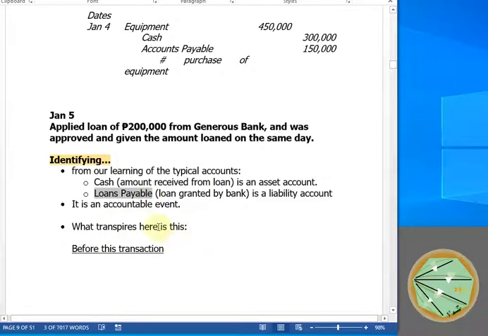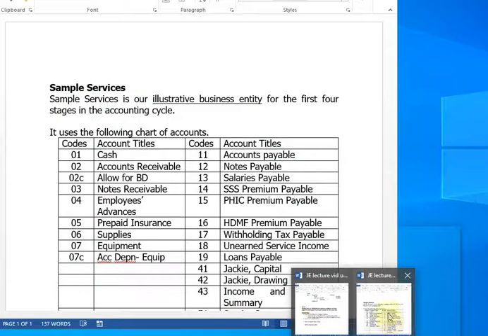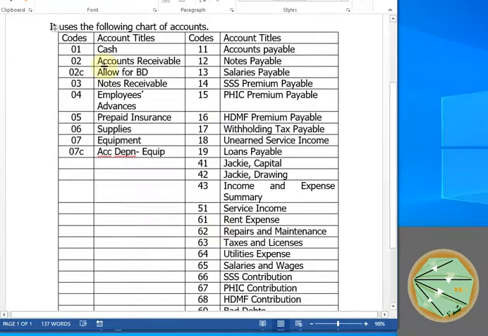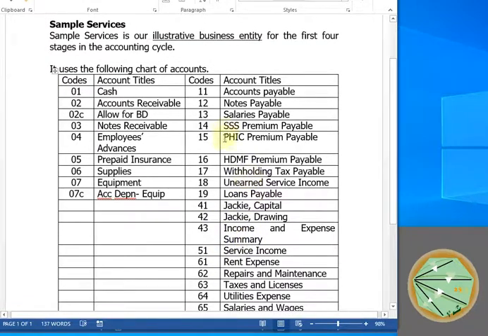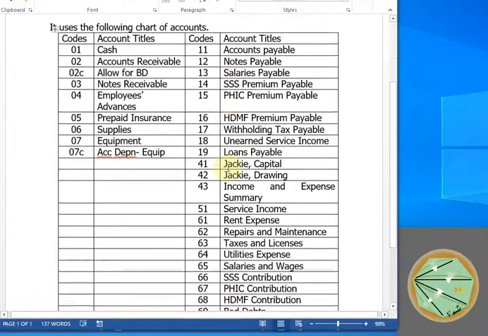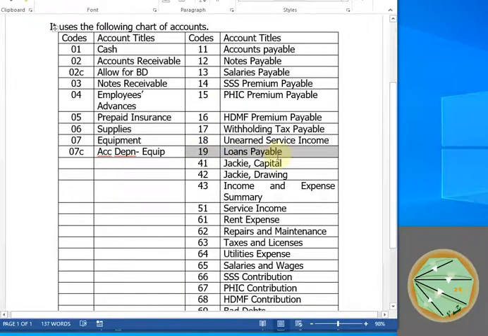But again, we have to be reminded all the time that we have to base our account title on the chart of accounts. And just to show you again what we had in the chart of accounts, I copied this exact copy of the chart of accounts to a separate file. We have here the liabilities, and one of them, as you can see, is this one with a code of 19, and that is loans payable. So that's the reason why we are able to use the account title loans payable.